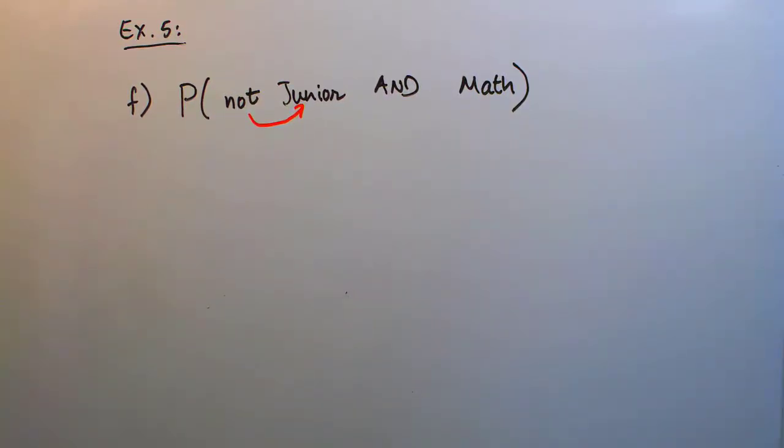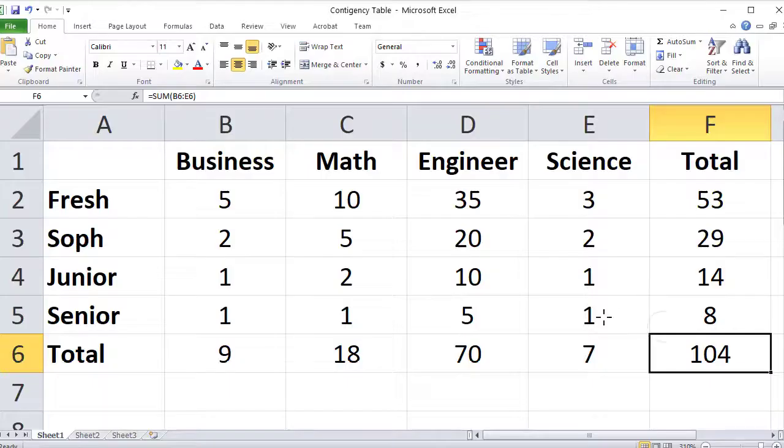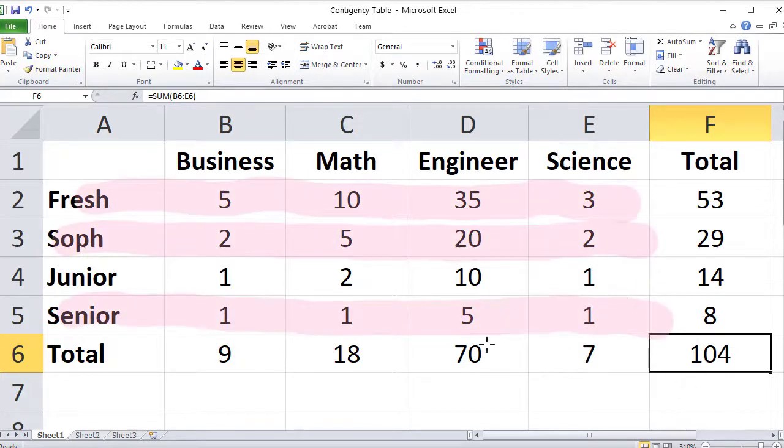So now looking at our table, being not junior means we are anywhere outside of this junior row. Allow me to start putting up the highlights. These highlights indicate we're outside of the junior row, because remember, we want non-junior.